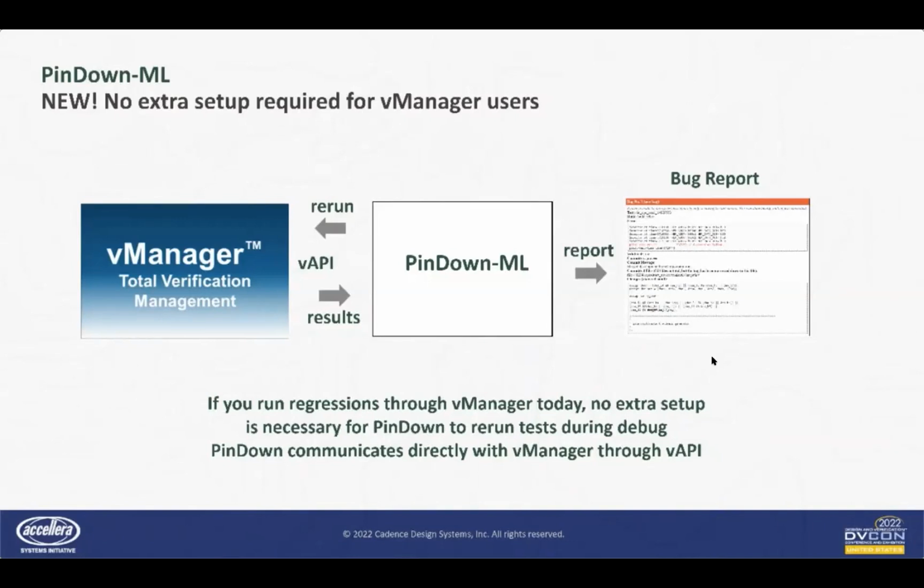Normally you have to tell Pindan how to rerun tests and how to extract test results, as part of the Pindan setup. But you don't need to do that for vManager. If you put vManager and Pindan together now, Pindan will know how to rerun and how to extract results without human intervention, so it simplifies the setup.